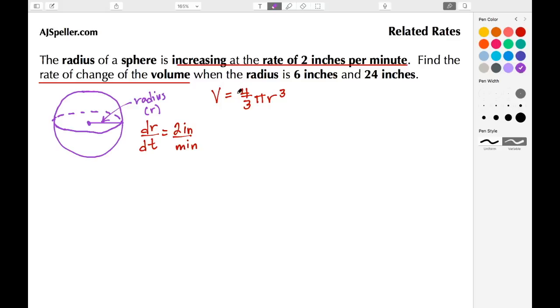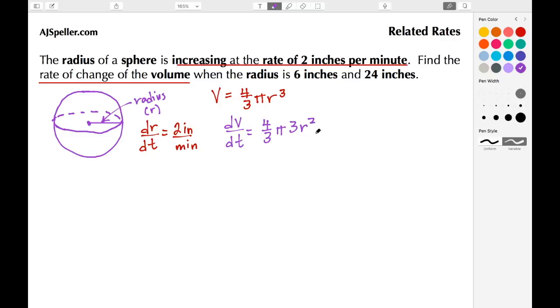So here we end up with dV/dt equal to 4/3 pi, because this here is a constant, a number in front, so that stays out front. Now we have r to the third. We need to use the power rule on that. Well, that means that the exponent of 3 comes out front as a factor. We keep the variable r, and then we decrement the exponent, so that becomes an r squared.